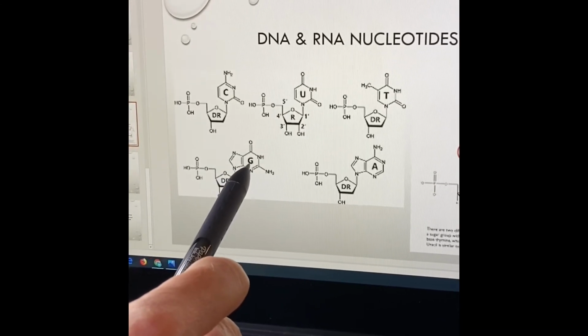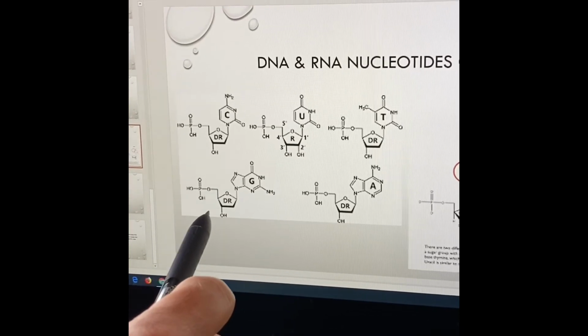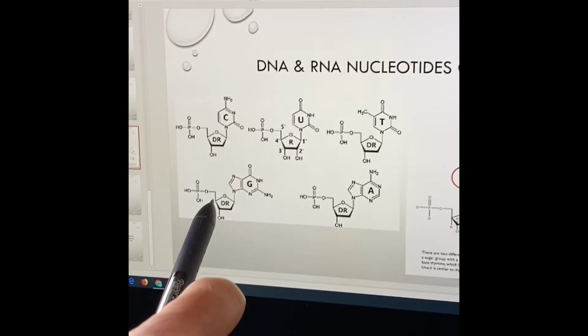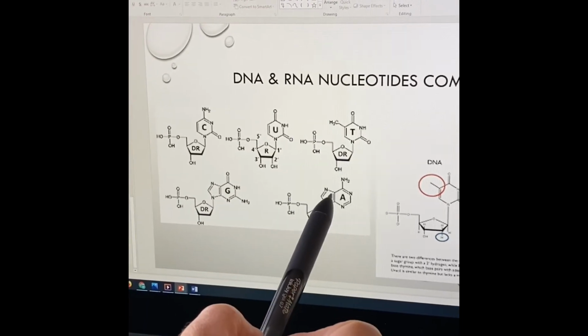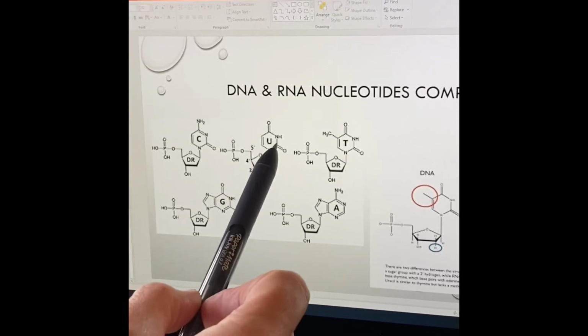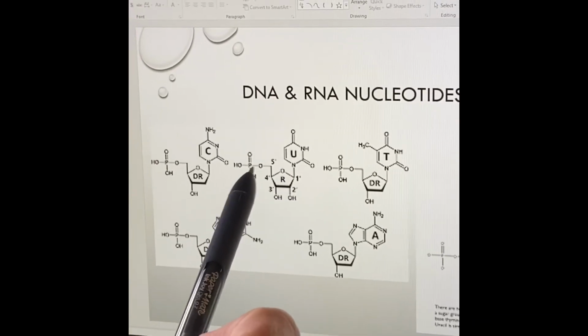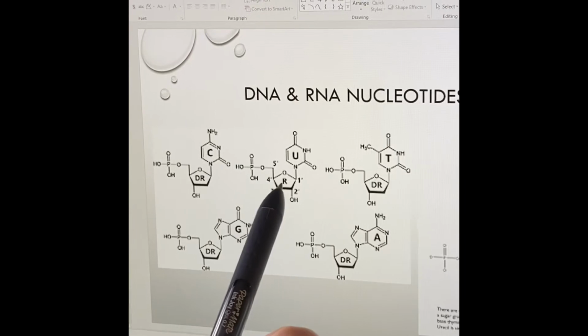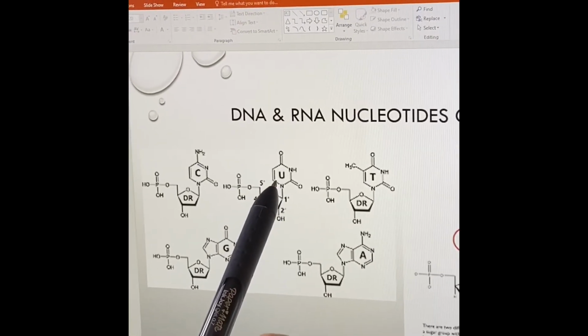There's the 2-ring structure of a purine and the phosphate group over here. So these are DNA nucleotides. These are also DNA nucleotides. And for an RNA molecule, this is a phosphate group bonded to a ribose instead of a deoxyribose, and there is a uracil.